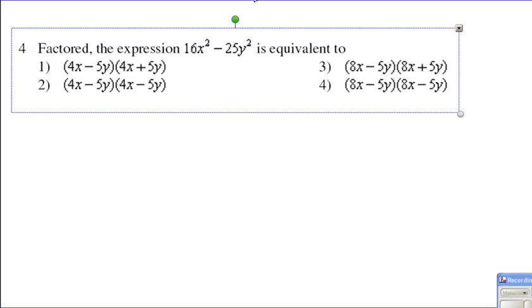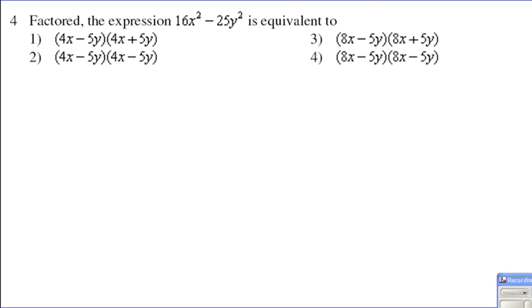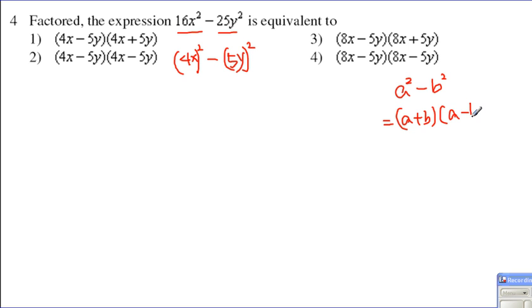Alright, now let us try to factor this one together. As you can see, this one is a perfect square, and so is this one. So if I were to rewrite this one, this would be (4x) squared minus (5y) squared. You see, when we have difference of squares, just like what we used to do as an example, if I have a squared minus b squared, this would have been equal to (a plus b) times (a minus b).